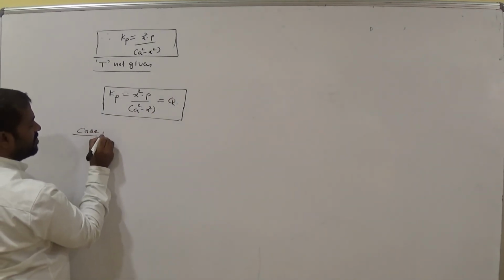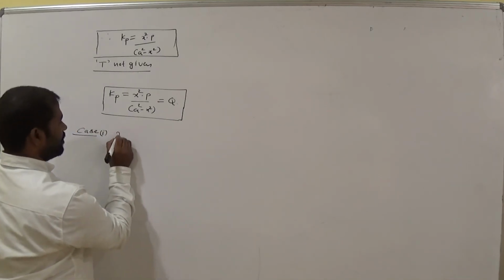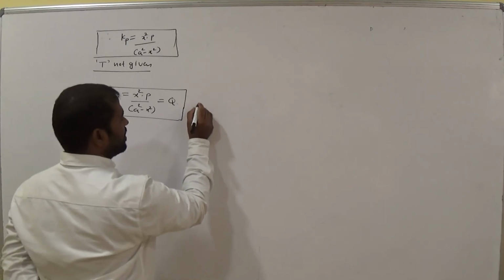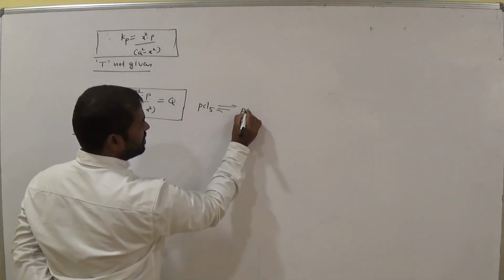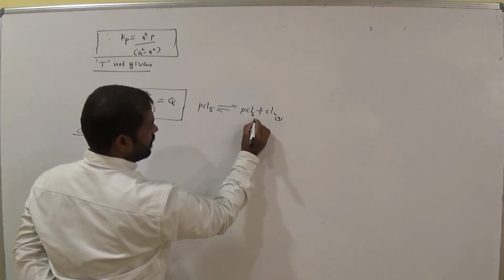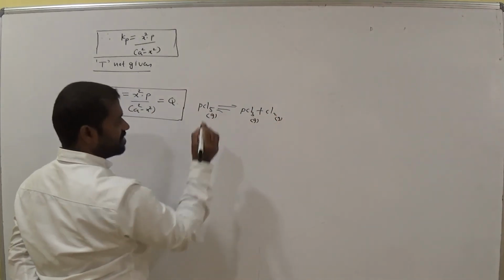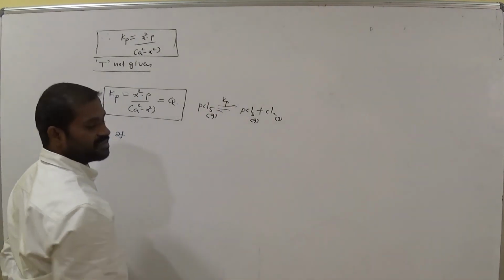Case 1: the equation is PCl5 reversible PCl3 plus Cl2, with equilibrium constant Kp.